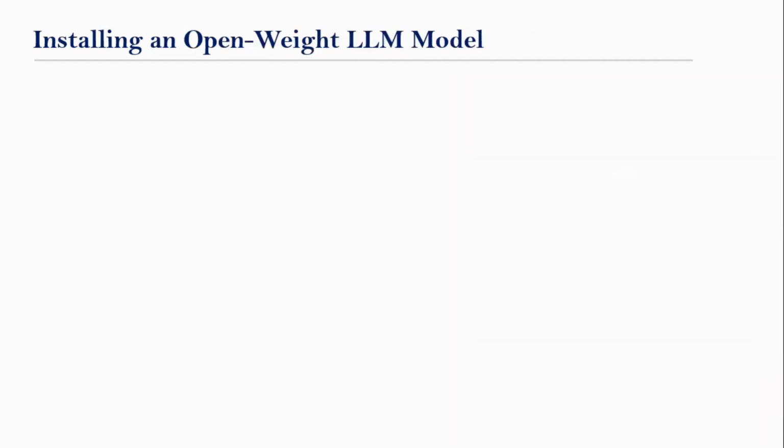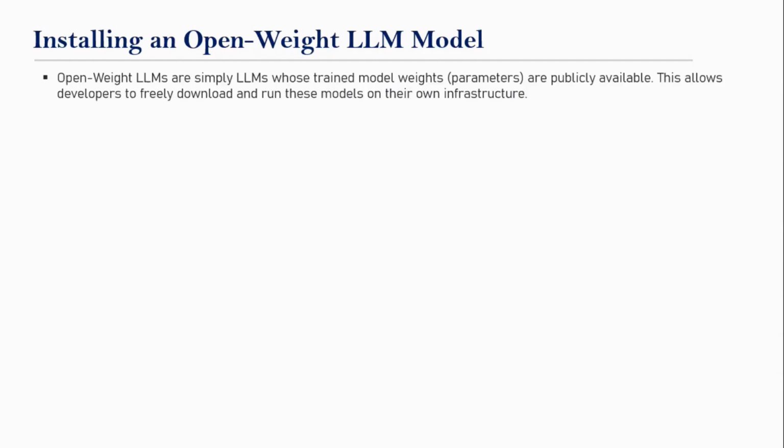Now, let me go with installing an LLM model. See, whatever LLM model you are installing on your own computers or servers are called open-weight LLM models. Open-weight LLMs are simply LLMs whose trained model weights or parameters are publicly available.